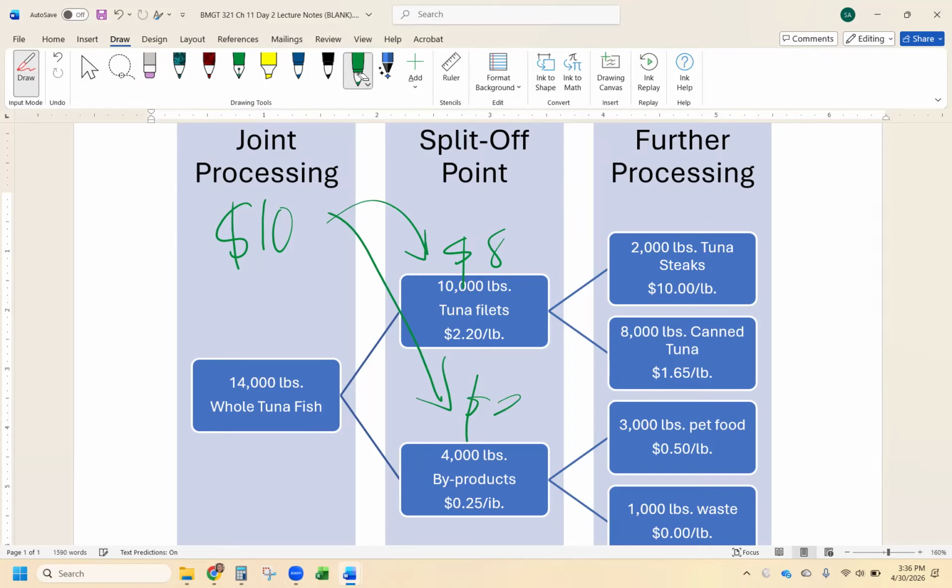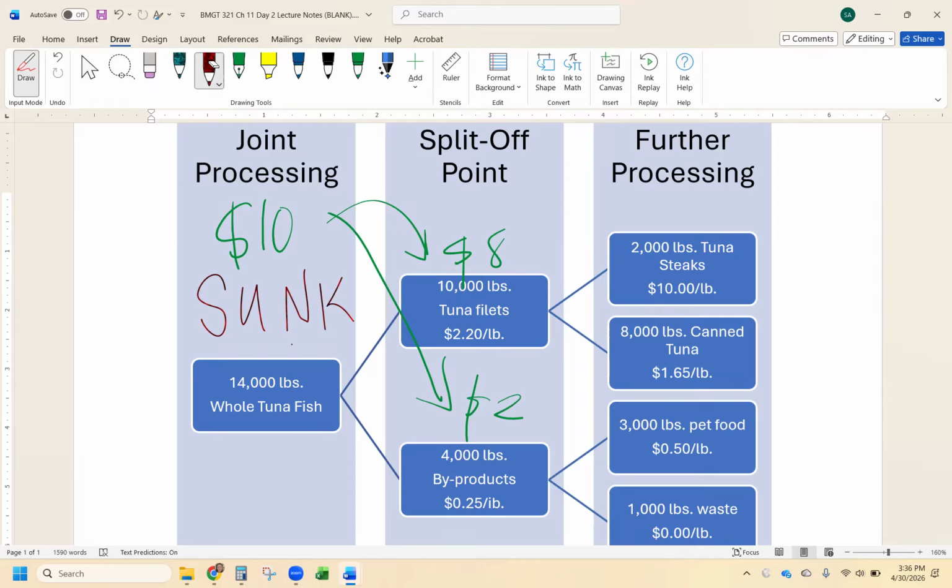All right, these costs are sunk costs. We still have to allocate them because we need to know how much the product costs for our cost of goods sold and our inventory balances. We still need to know what the actual costs are.